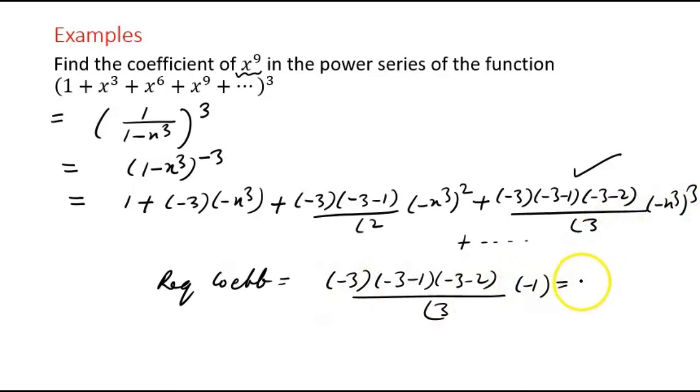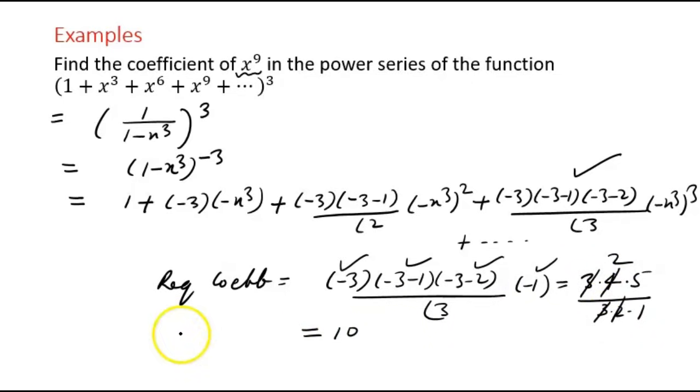If you simplify, it is 3 into 4 into 5, and all the minuses will become plus because there is 1 minus, 2 minus, 3 minus and 4 minus. So everything will become plus, and then divided by factorial 3, that is 3 into 2 into 1. So this 3 and 3 cancel, this 4 and 2 cancel. So in the end, the coefficient is equal to 10. So this is how we get the coefficient of different terms.